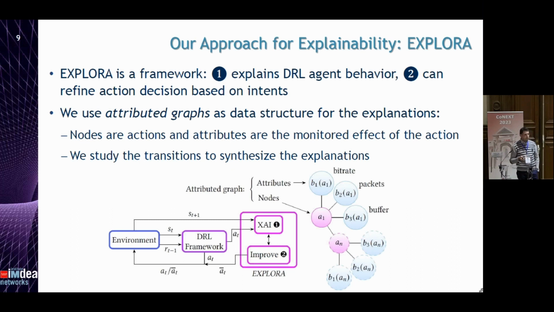So we reached a point where we thought this really needs a rethinking if we want to create meaningful explanations. So we propose EXPLORA, a framework that does two things. One is that it explains the actual agent behavior.